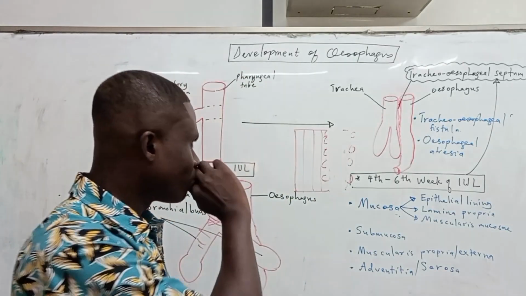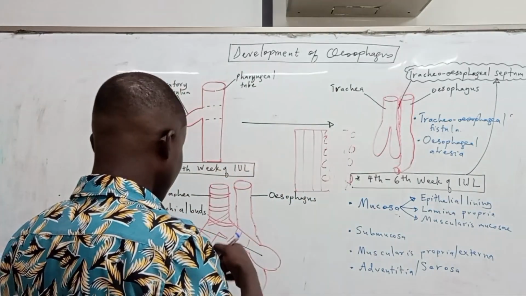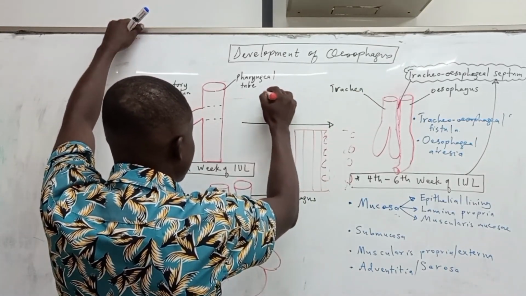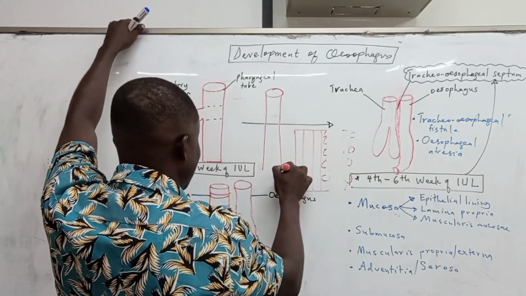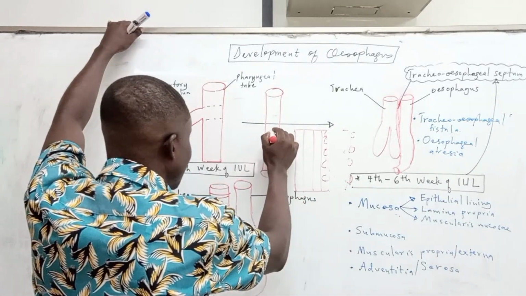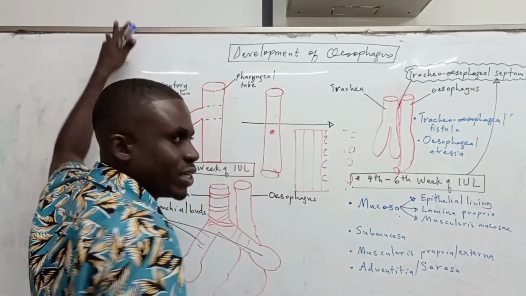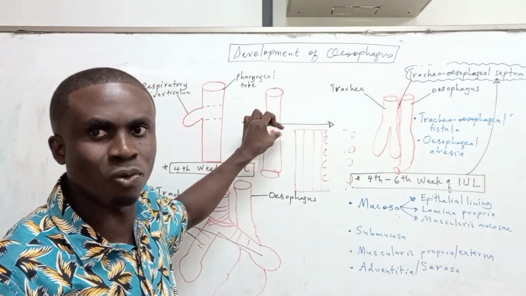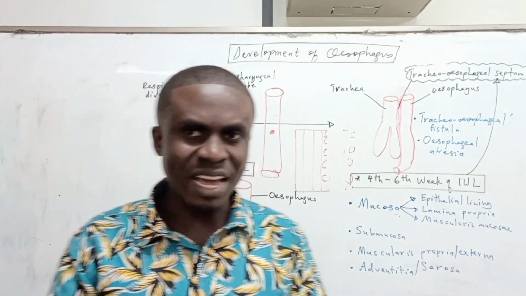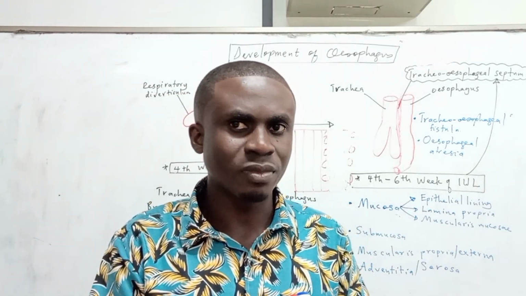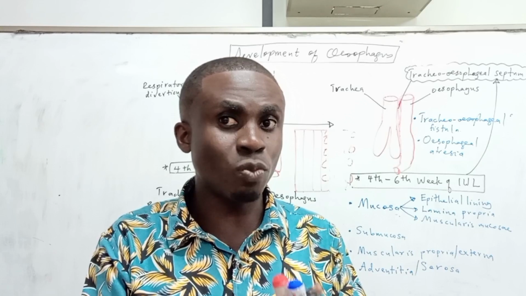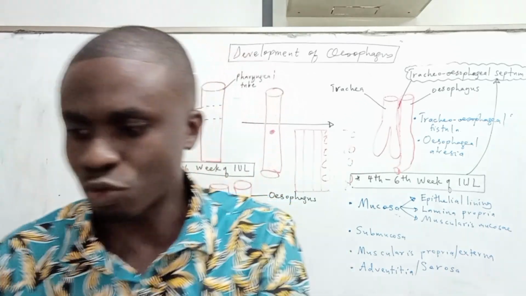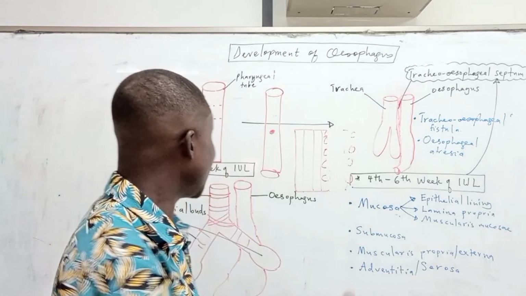But this is where I want you to become aware of something. Something happens. Assuming this is the oesophagus, I'm interested in the midpoint of the length of the oesophagus. The midpoint over here is the point where the epithelial lining is going to get transformed from stratified columnar epithelium with cilia to stratified squamous non-keratinized epithelium. It begins in this manner.